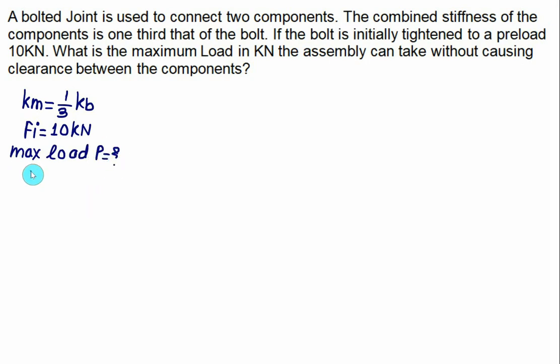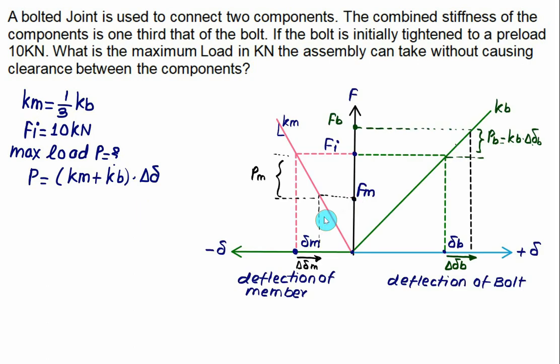The maximum load P is equal to the stiffness of the member plus the stiffness of the bolt multiplied by del delta, and he has not given the value of del delta. Here we are familiar with this graph. We have Fi as the initial load, Fb as the resultant load on the bolt, and Fm represents the load on the gasket.